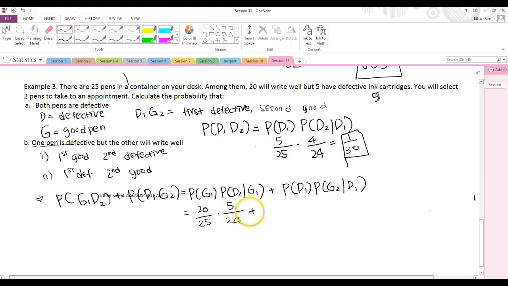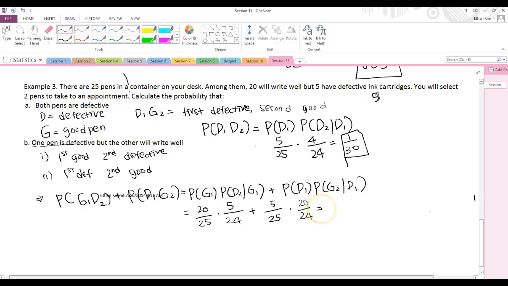Plus, first we're going to choose the defective one, so that's 5 out of 25. And again, if you choose the defective one, we're going to have 24 in total, and the good ones we have 20 left. So this is the probability.